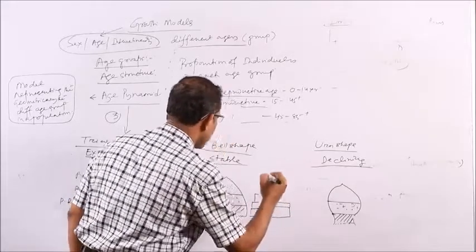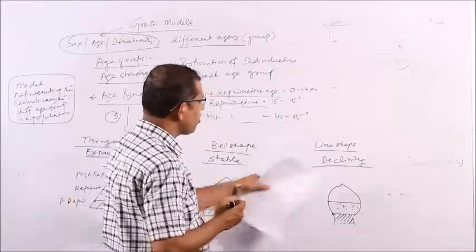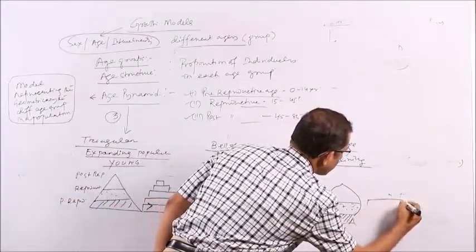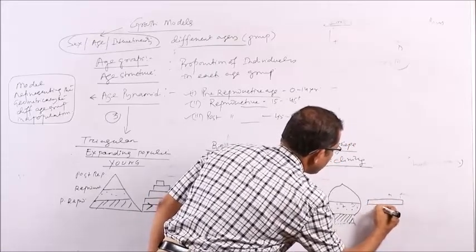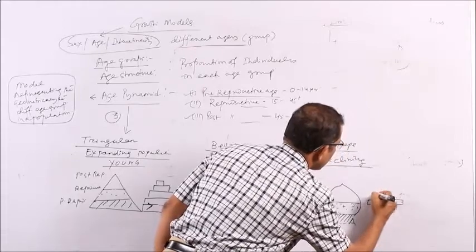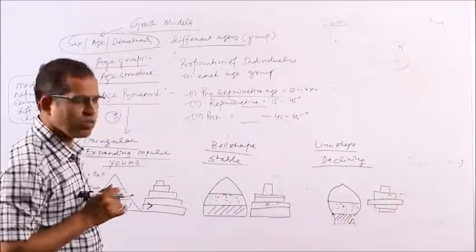So, this one is a stable one, you can say. But when you go to the declining, it is very interesting, that means you will find the population is like this. That means it is unstable.